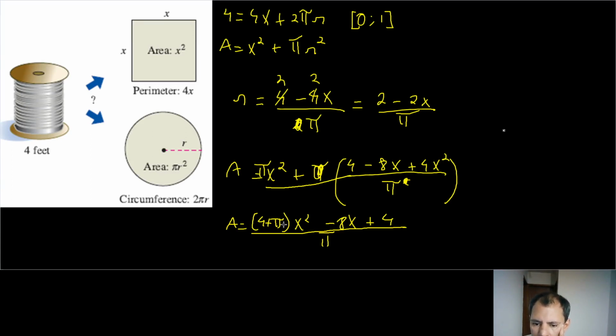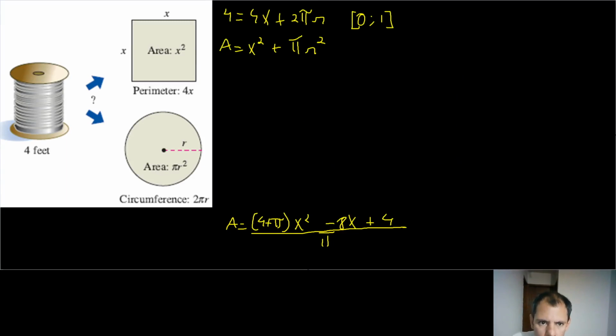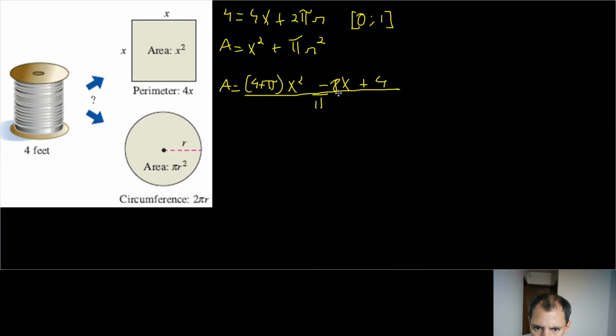Go to pi here. And then x squared is going to be pi, 4 plus pi, minus 8x plus 4, divided by pi. Okay, seems that I didn't make any mistakes. I'm gonna move this here, like that.